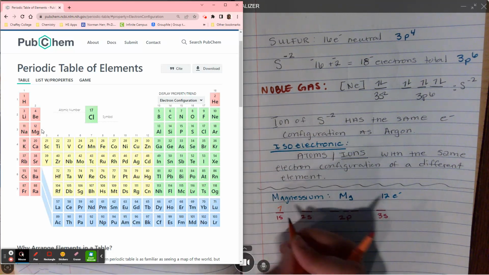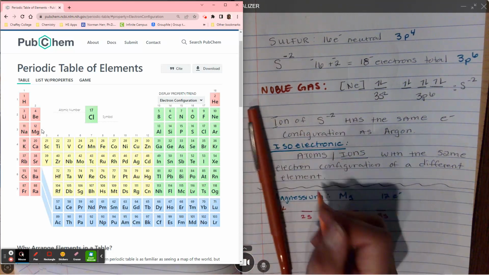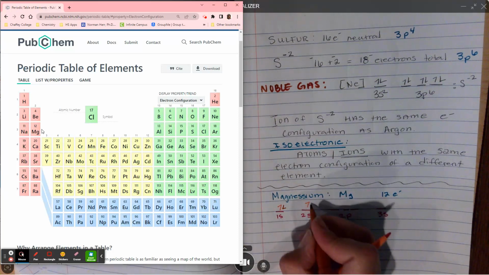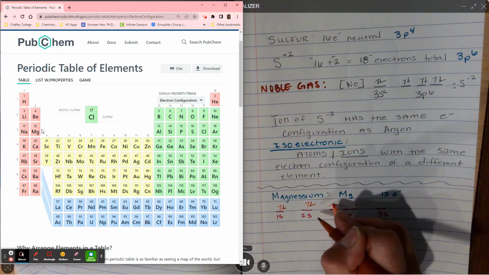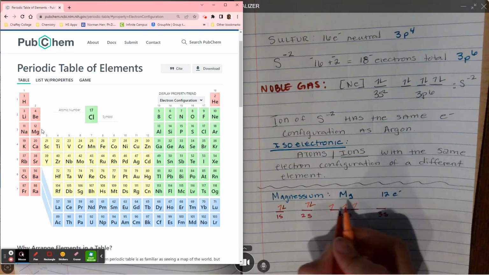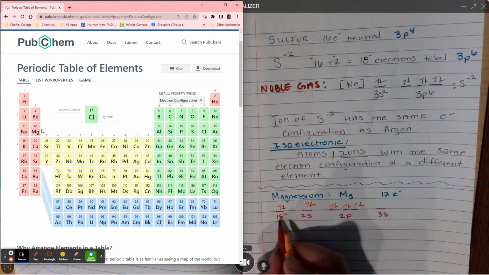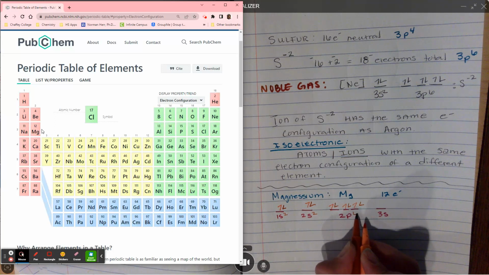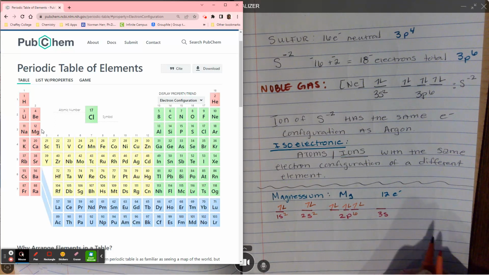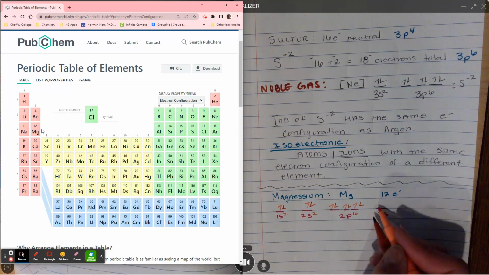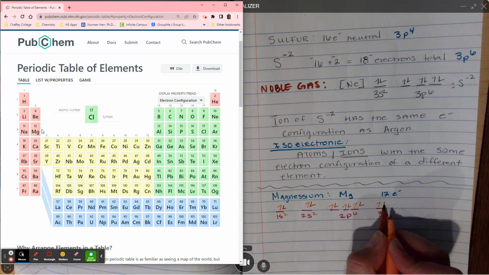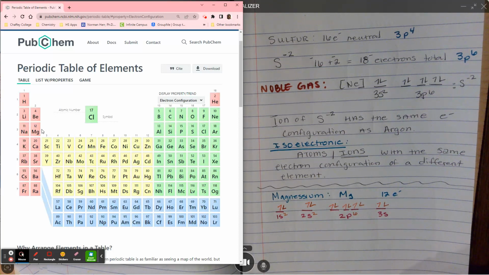1, 2, 1, 2. Go up, up, up, down, down, down. So we have 1s2, 2s2, 2p6. We've used 10 out of the 12 electrons. One electron goes up, one electron goes down.